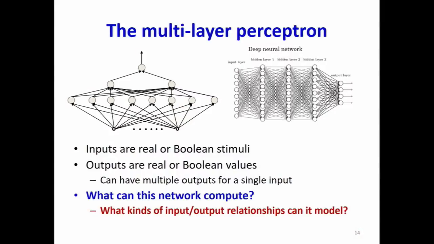Now, the way we defined multi-layer perceptrons, they could operate on real or Boolean stimuli. The outputs could be real or Boolean. And you could also have multiple outputs or a single output. And we saw that these kinds of networks can compute all kinds of stuff. What are the kinds of input-output relationships we saw it could model?